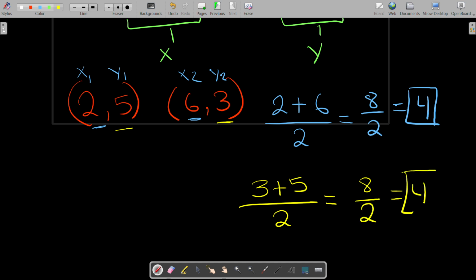This is just a coincidence that both are the same, but normally they will be different. So the x-coordinate is 4 and the y-coordinate is 4 also. This would be the midpoint between the two.